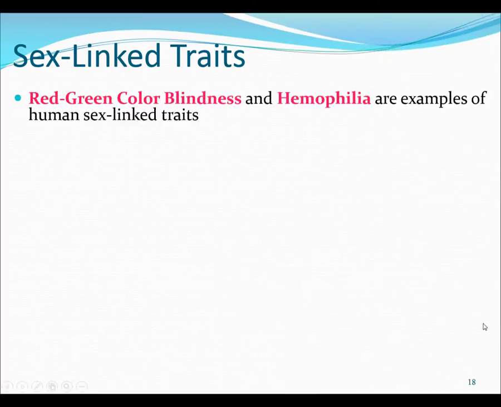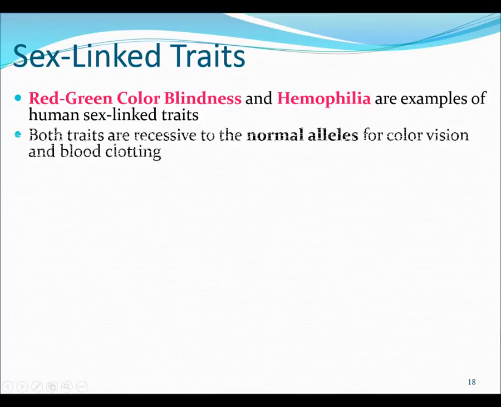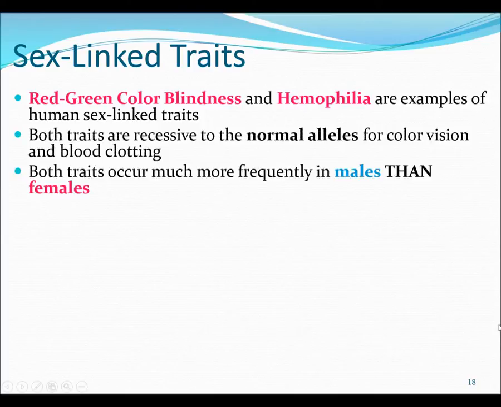Now, 2 disorders that we need to talk about are red-green color blindness and hemophilia. These are examples of some human sex-linked traits. So again, remember when we say human sex-linked, we're saying they occur more frequently in one group of people than the other.